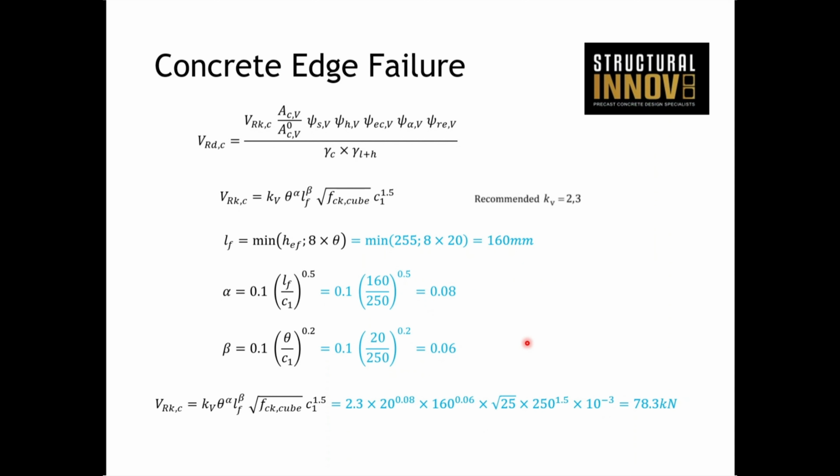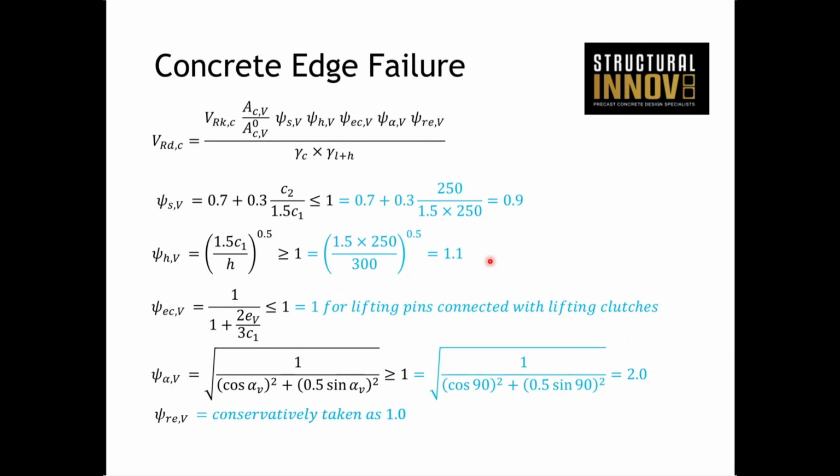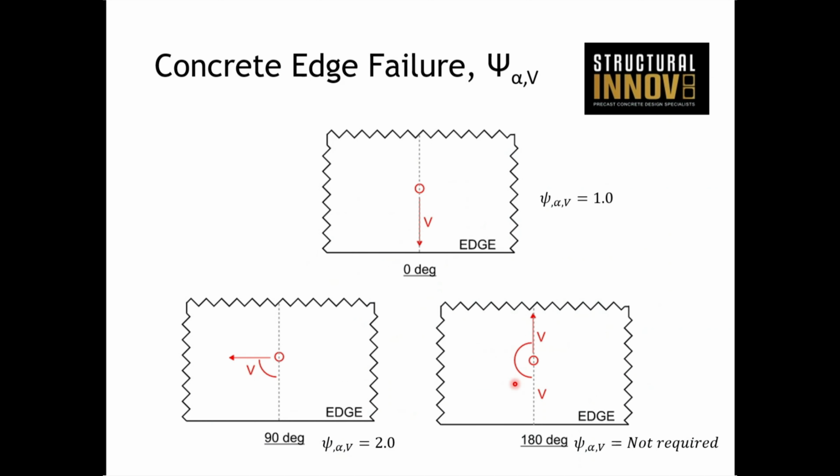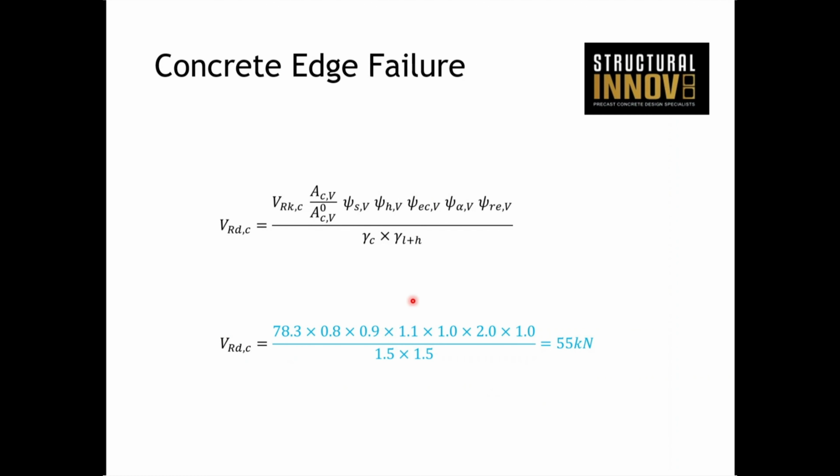So you should be able to track these worked examples quite easily. A few other workings calculate all your partial factors, and the only thing here is that the angle factor is 2 in this case, because we are parallel to the edge. We're not pulling directly against the edge, we're pulling parallel to the edge. So we have a factor of 2. And when you pull all your factors together, you end up with a design resistance of 55 kilonewtons.